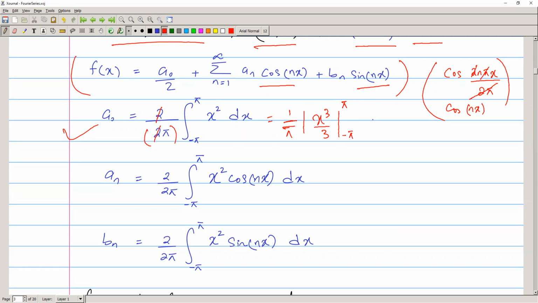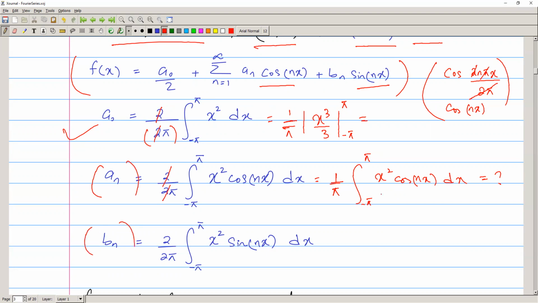You can apply the limits and you will find the answer, right? And similarly here, a n will be 1 over pi integral negative pi to pi x squared cos nx dx. You can apply the integration by parts rule and find a n, right?